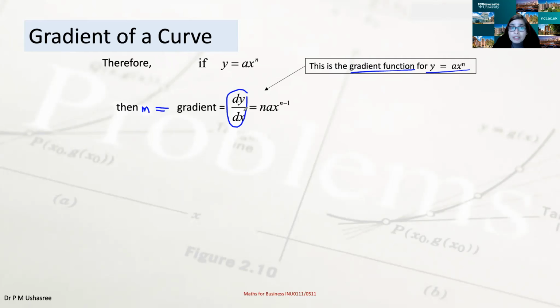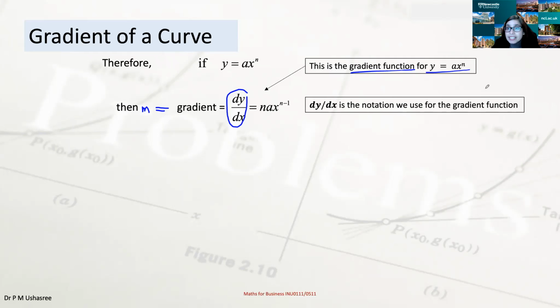M is equal to dy by dx at any point on the curve. So it varies for every point. You should remember that. This dy by dx is a notation we use for the gradient function. Very important point. Please become familiar with these terms.